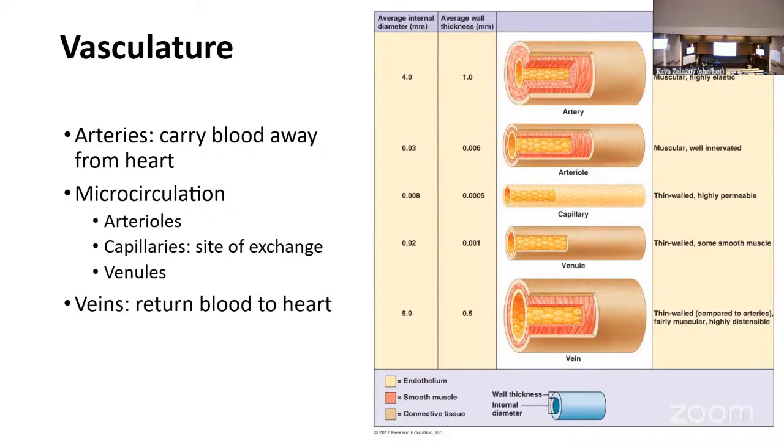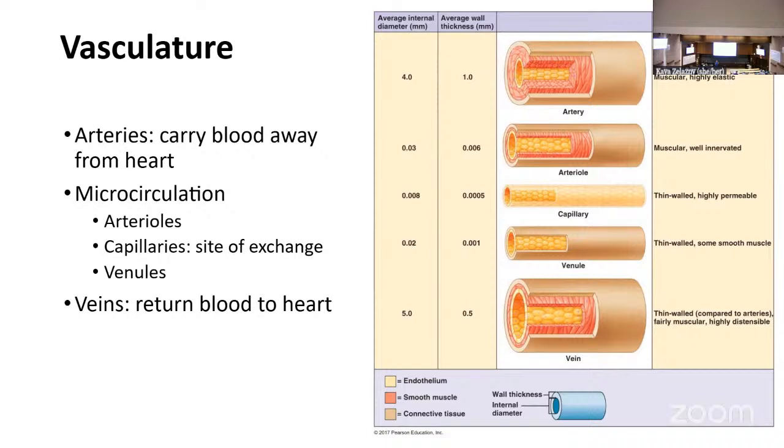We have branching of larger arteries to smaller arteries. We continue to branch into microcirculation, where you'd have to look with a microscope to find these. Our first piece of the microcirculation are our arterioles.